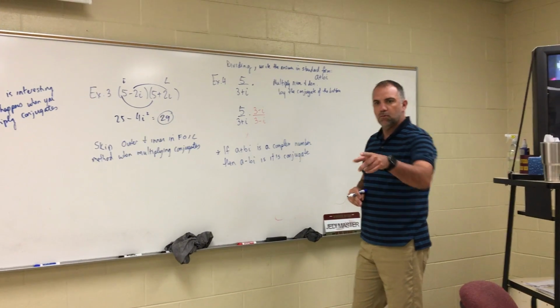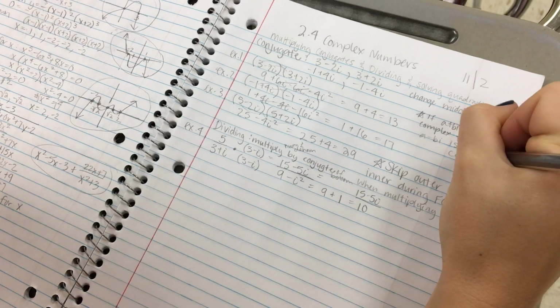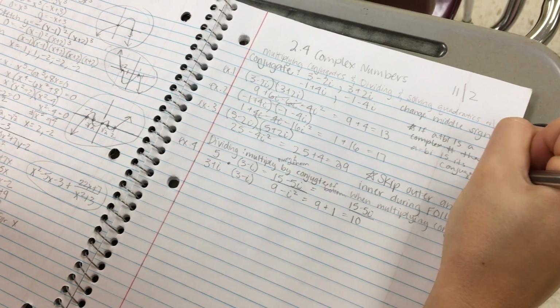All right. So if you want to look at her work real quick, see how she's doing, and see what she gets, and then we'll see if we get the same answer. So you remember, you got to write your answer in standard form.